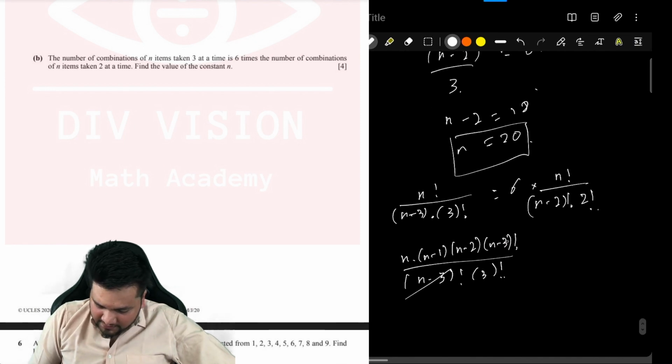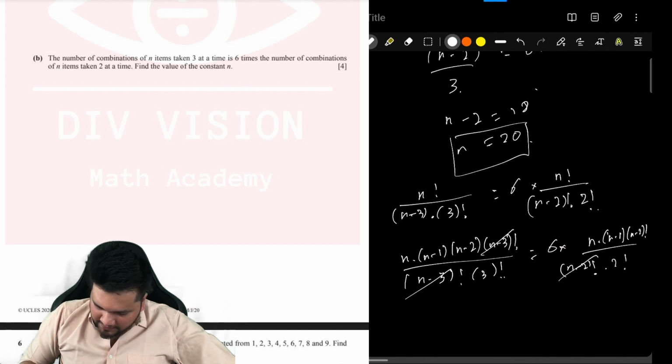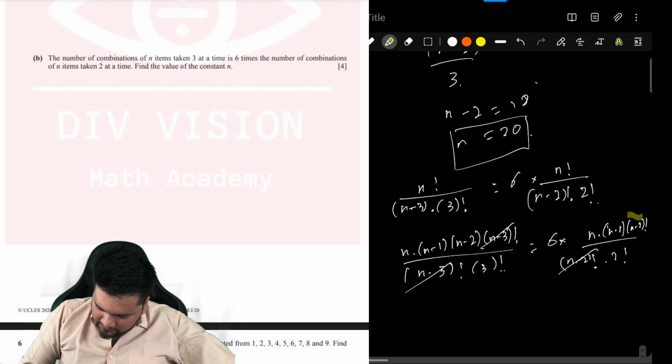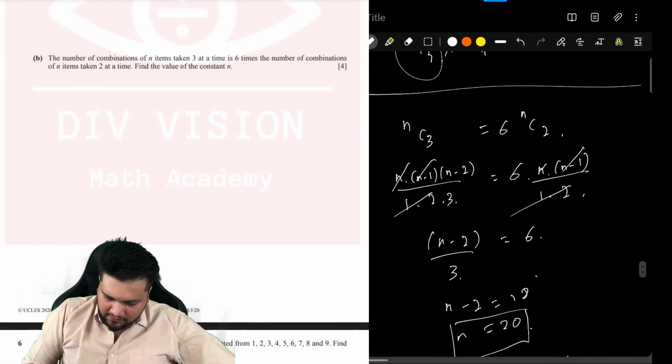Now this you can cancel definitely. This is going to be 6 into n into n minus 1 into n minus 2 factorial upon n minus 2 factorial into 2 factorial. Again this and this get cancelled, so at the end of the day, yes, you get the same thing directly.